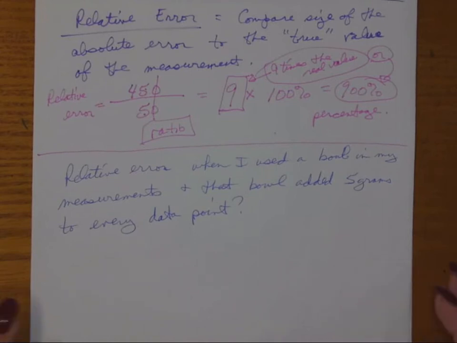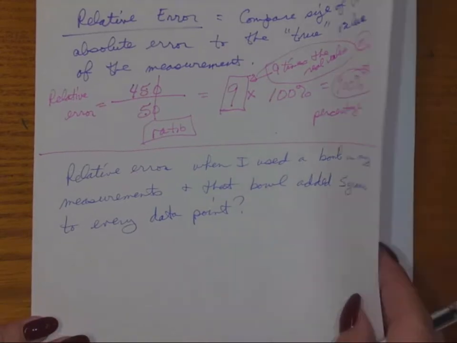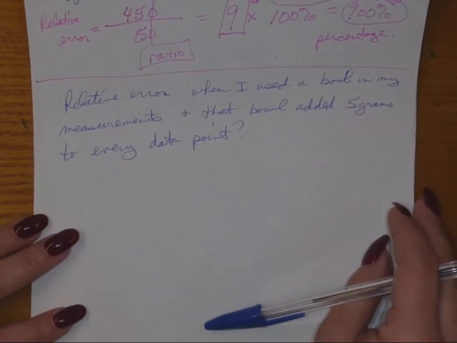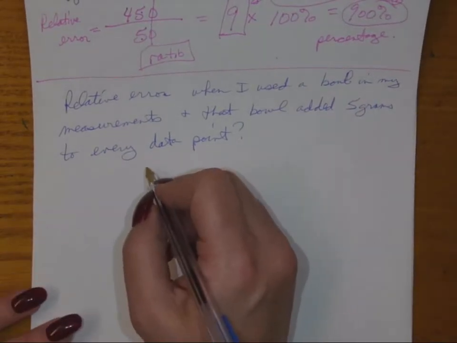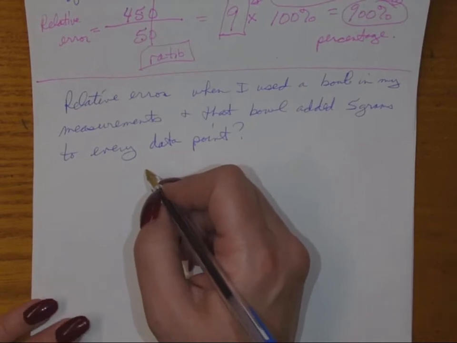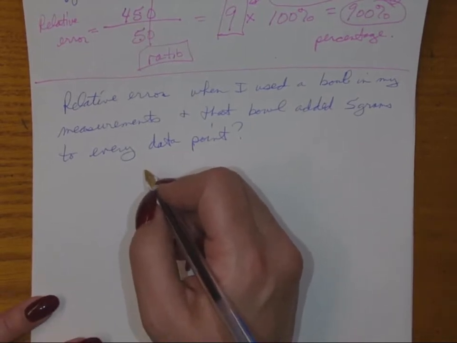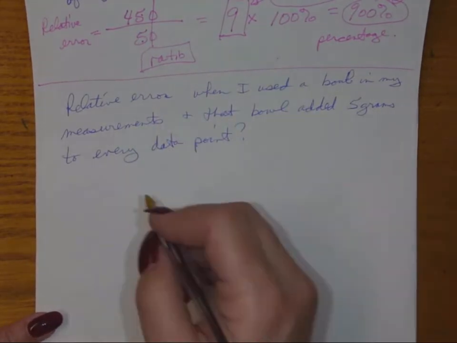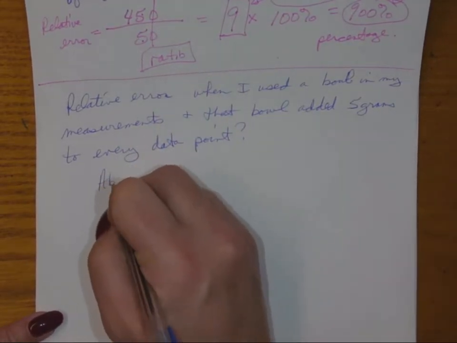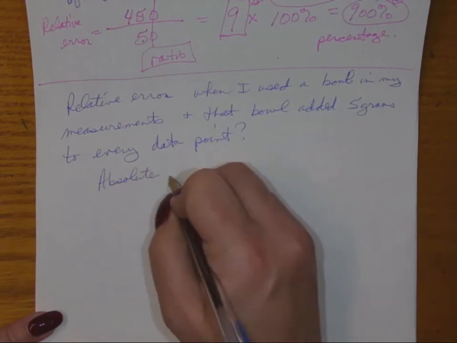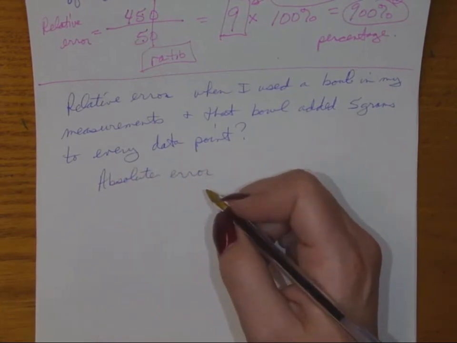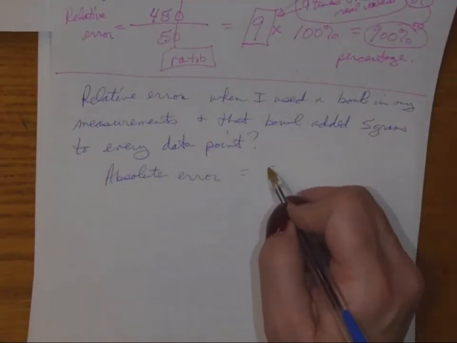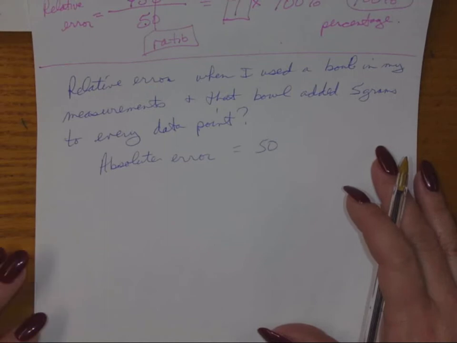Well, the process is actually the same, right? So pick a number, it doesn't matter. I'm going to pick the 45-gram one just because that makes my life nice. And actually that wasn't even in the list up there, but I'm still picking it, so there. Sorry, I'm going to pick the 50-gram one. So the absolute error for the 50-gram one, which was the very first data point, 50 grams is what we measured.